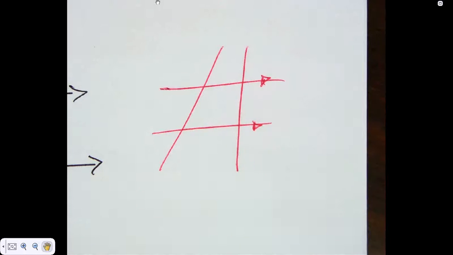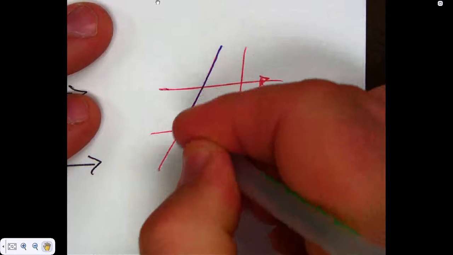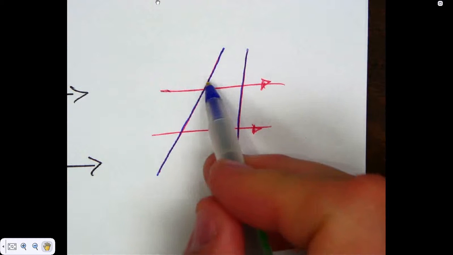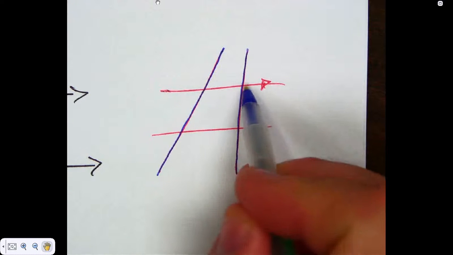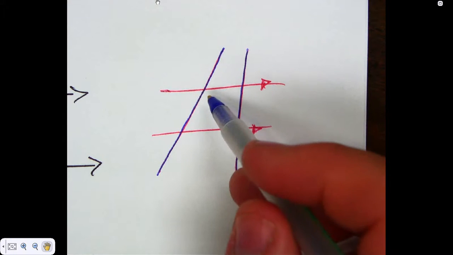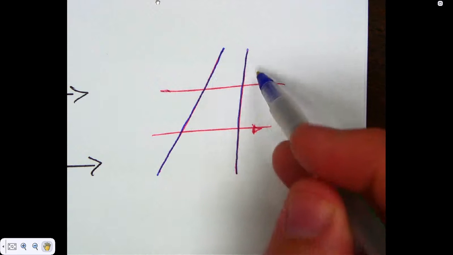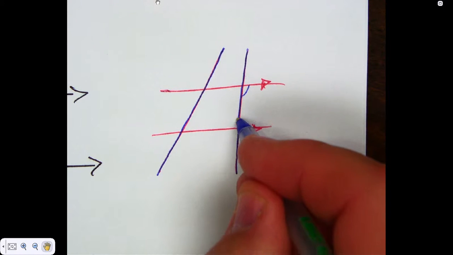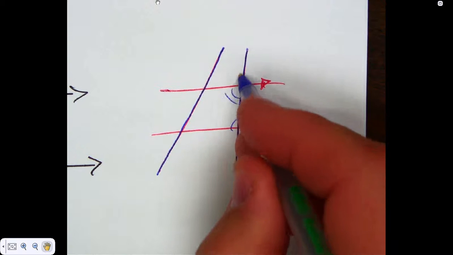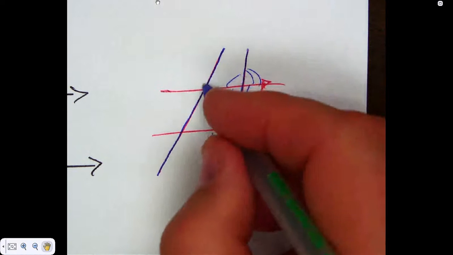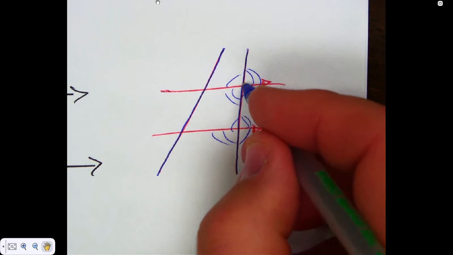Because only the red lines are parallel. So yes, these are alternate interior angles if this was your transversal, but they're not necessarily congruent or supplementary or any of that because the blue lines are not parallel. Here though, you can say that's congruent to that, that's congruent to that. You can do the same thing here, but it's different than this one, isn't it? Okay?